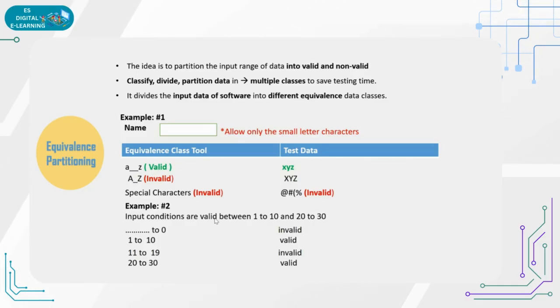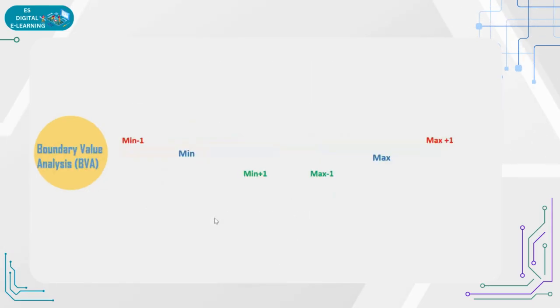Next, coming to boundary value analysis. Boundary means there will be some limitation. Until that limitation it will be valid; once the limit is crossed, it will be invalid.